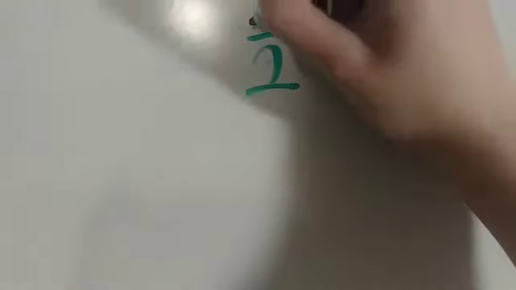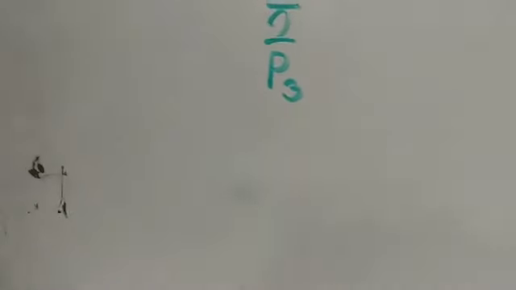After 2 with a line over it comes the next prime. So let's do it an even different way. We'll write prime 1, prime 2, and then 2 with a line over it, prime 3, which would be 100.